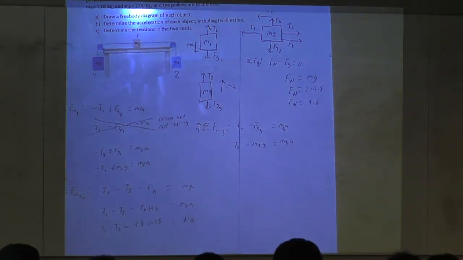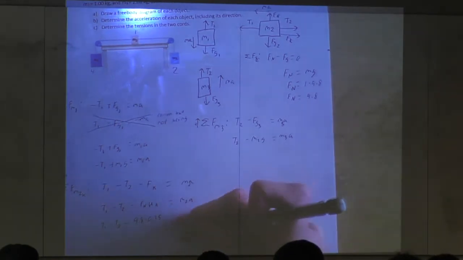Okay, so now we have 3 equations and 3 unknowns.